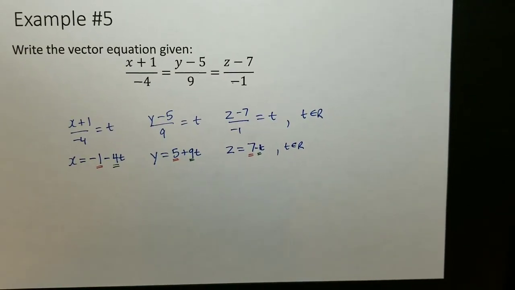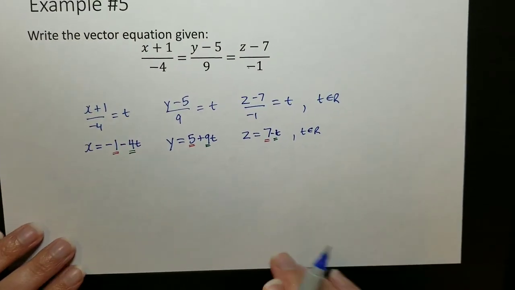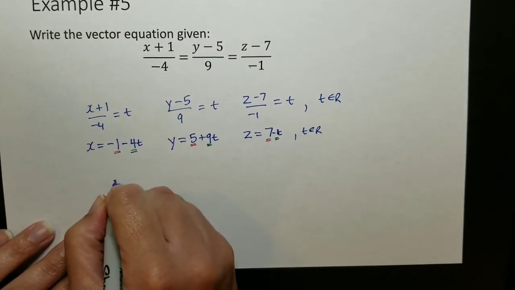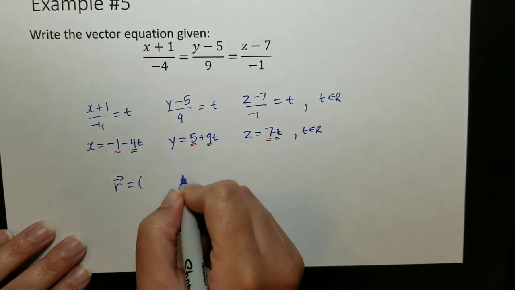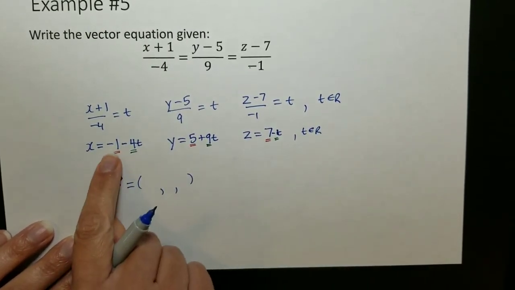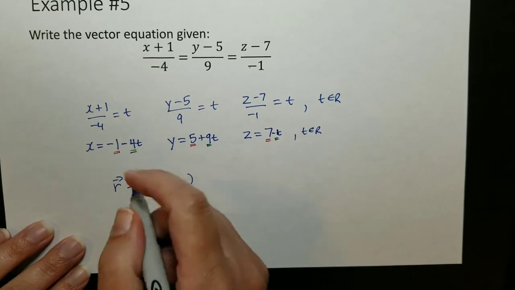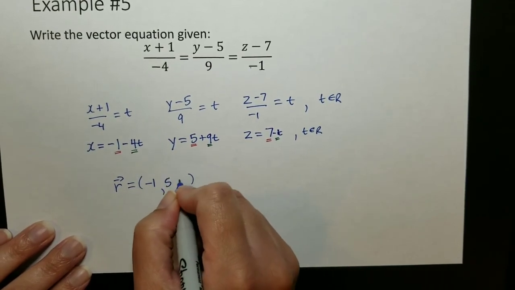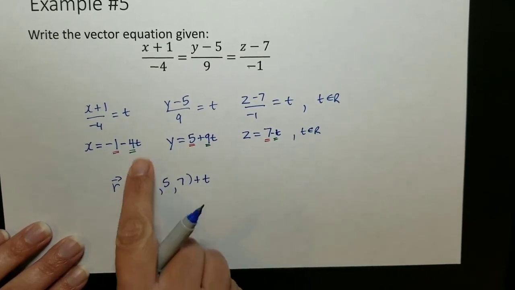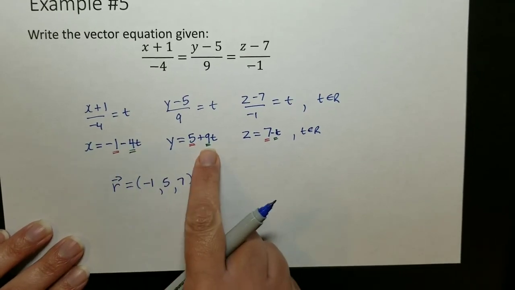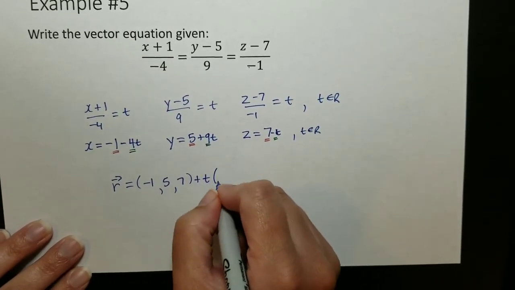Now we have the x, y, and z components, and we want to put it back. This resultant vector would have a position of (-1, 5, 7). And then which ones are multiplied by t? It's (-4, 9, -1).